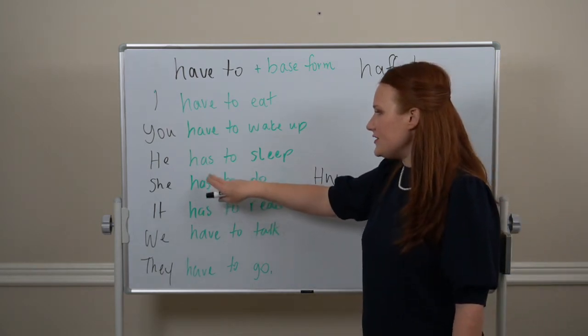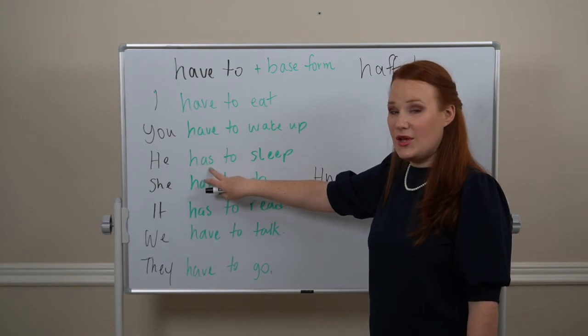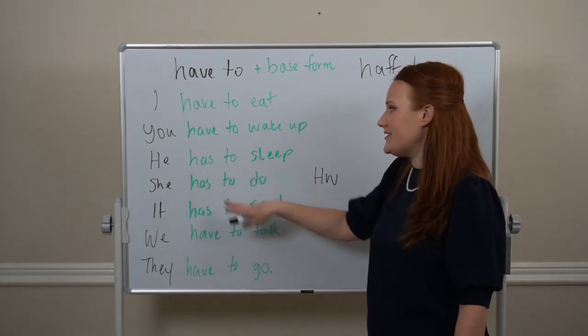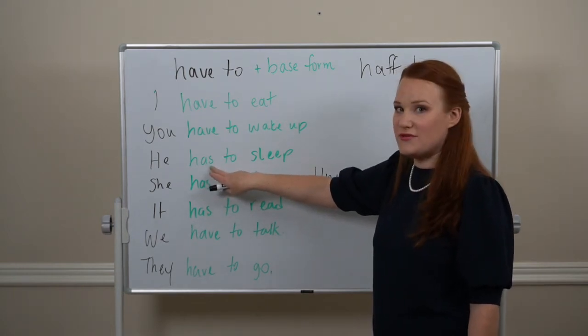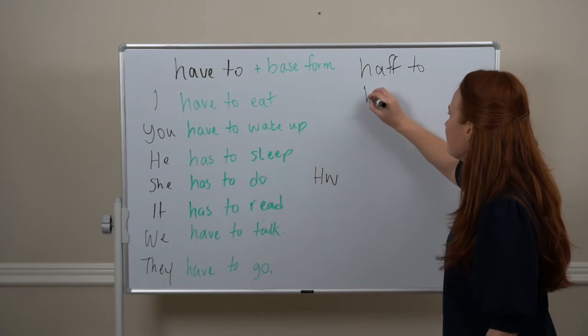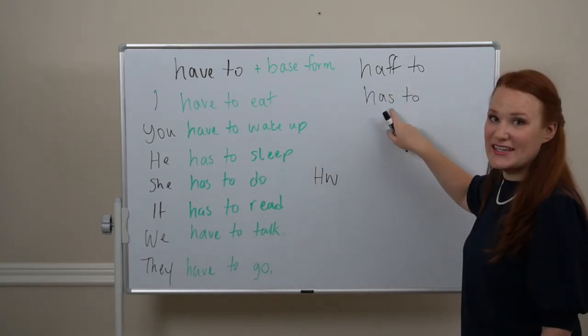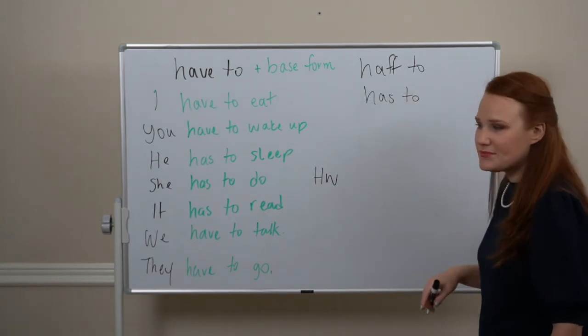And for these, normally it would be he has. But with this form, it's not has to, it's has to. Has to, with that voiceless S. So not a Z, but a S sound. Have to and has to.